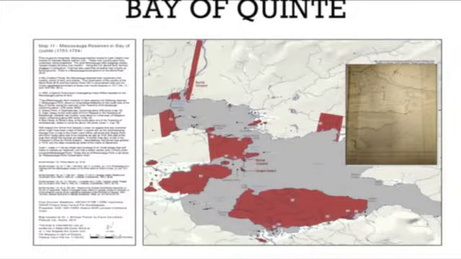So in 1783, after the American Revolution, there's pressure to remove and relocate the United Empire Loyalists. And the first area that is focused on, amongst the others in Quebec and New Brunswick, is the St. John River.